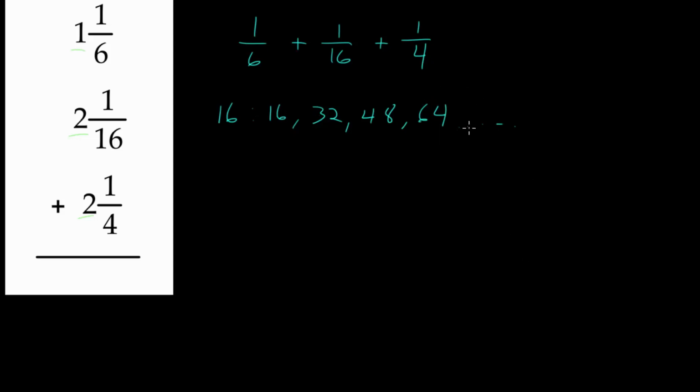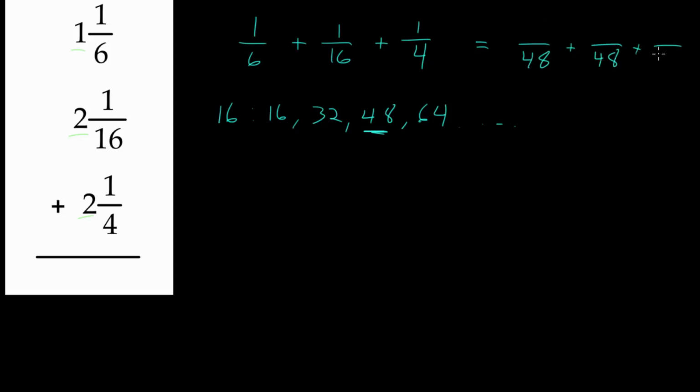Out of these, we just need to find a number that's both divisible by 6 and by 4. We can see that 48 would work for that, since 6 goes into 48 8 times, and 4 goes into it 12 times. So let's use a common denominator of 48 for all of our fractions.